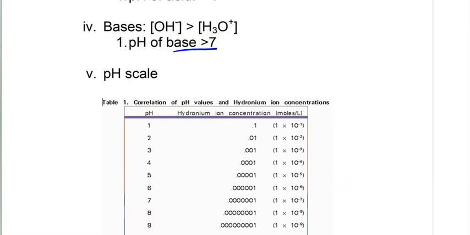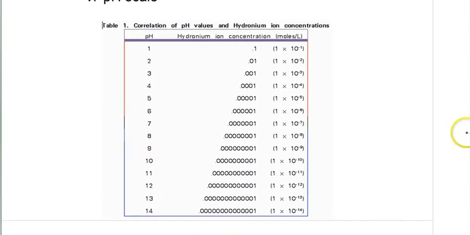Now what I want to go through is the fact that the pH scale is logarithmic, and what that means is, let's say for example, we compare a pH of 2 and a pH of 3. So if you have a pH of 2, it's not just one space, so this would be strong acid, and this down here would be strong base.